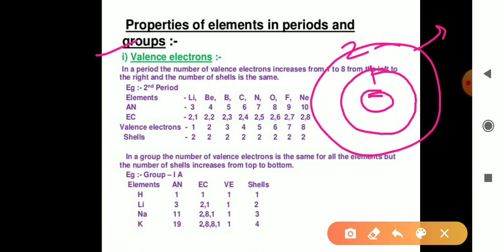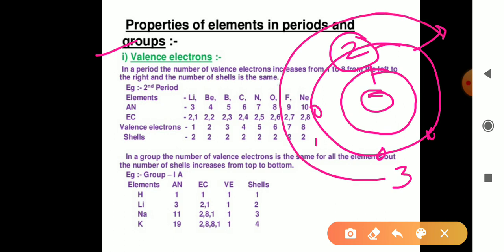In this example the outermost shell is the second shell, and if there is one electron in the outermost shell then the valence electrons are 1. If electrons are 3 then valence electrons are 3. If the third shell is present then the number of electrons in the third shell are the valence electrons. Okay, so this is about valence electrons.